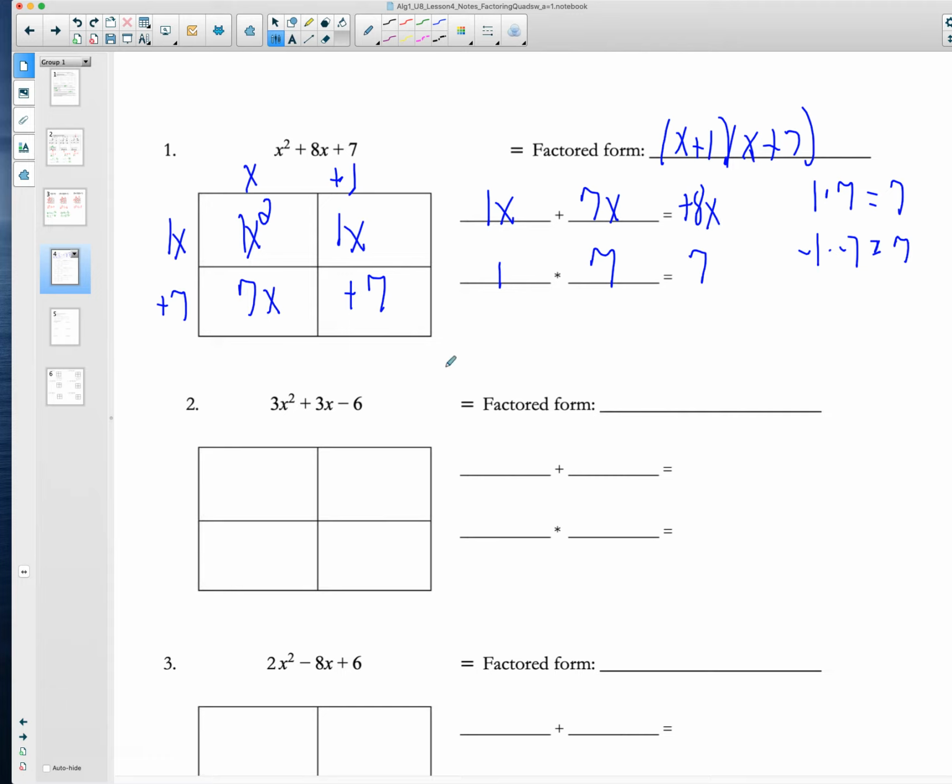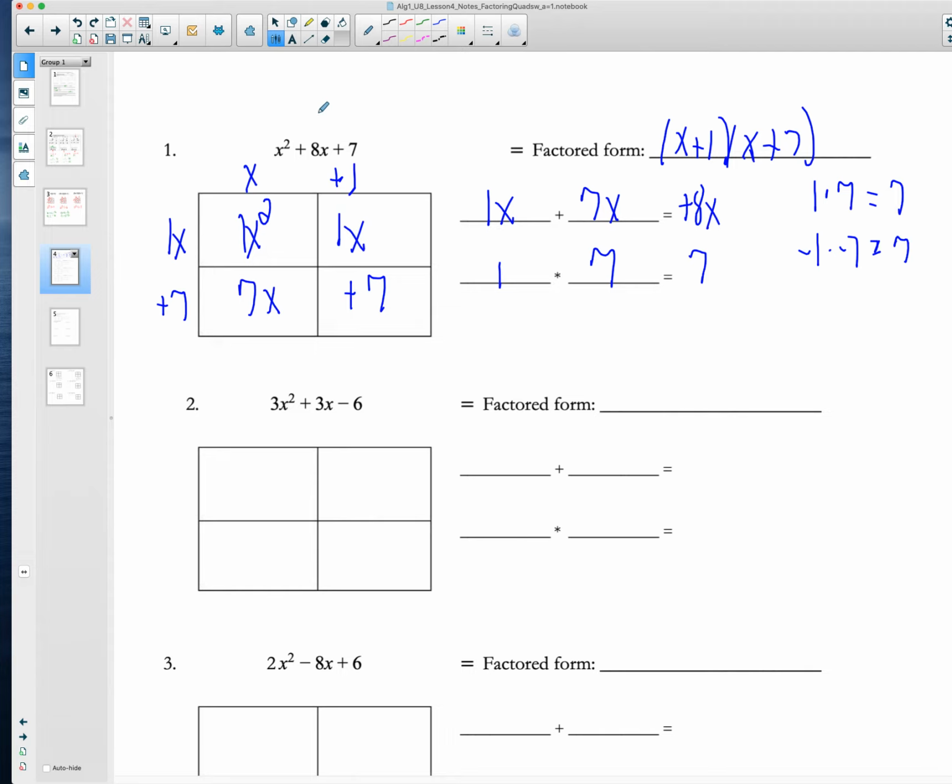Now, once again, notice the way we can check this. If I were to FOIL this out, if I were to use my area model, I should get x squared plus 8x plus 7. So all you have to do to check your work is just do your area model. And if your area model gives you what you started with, you know you are correct.